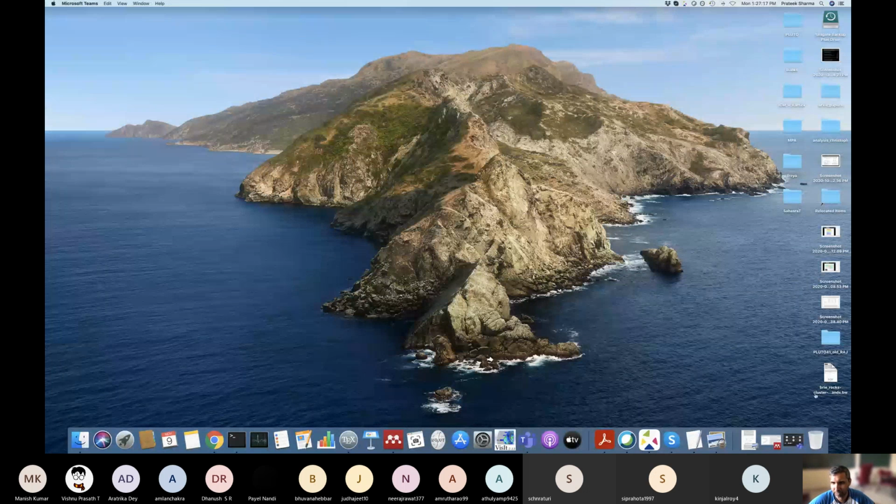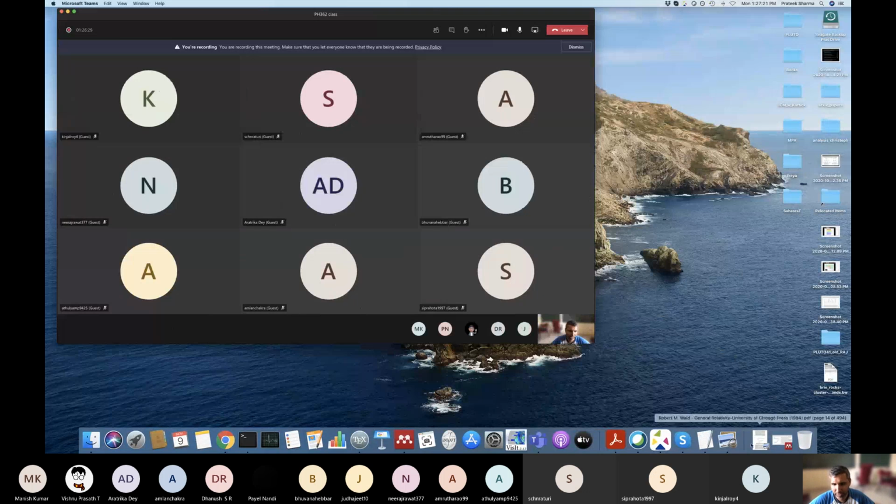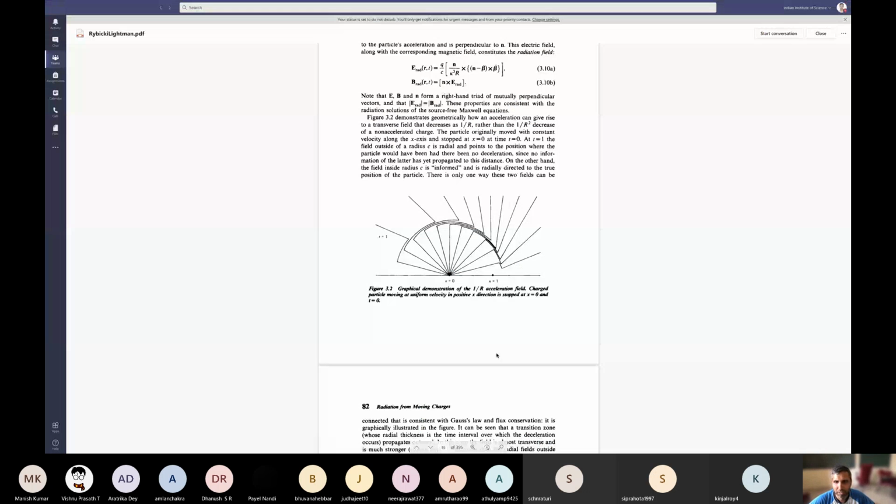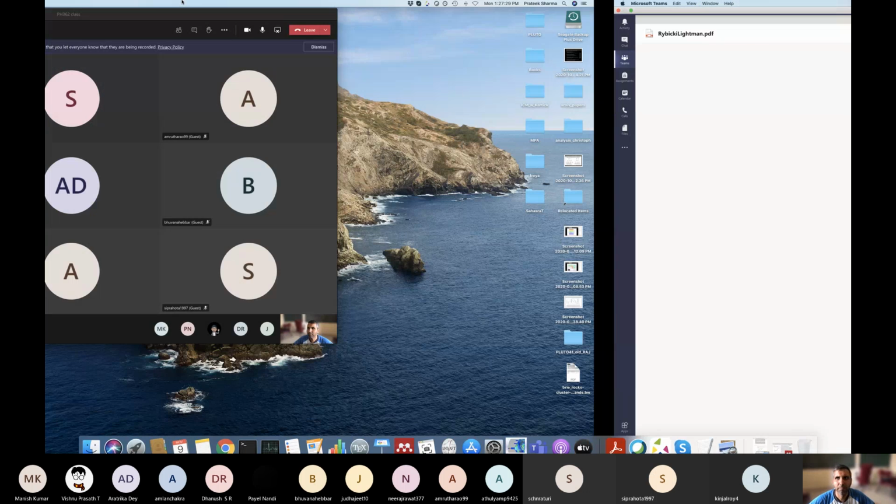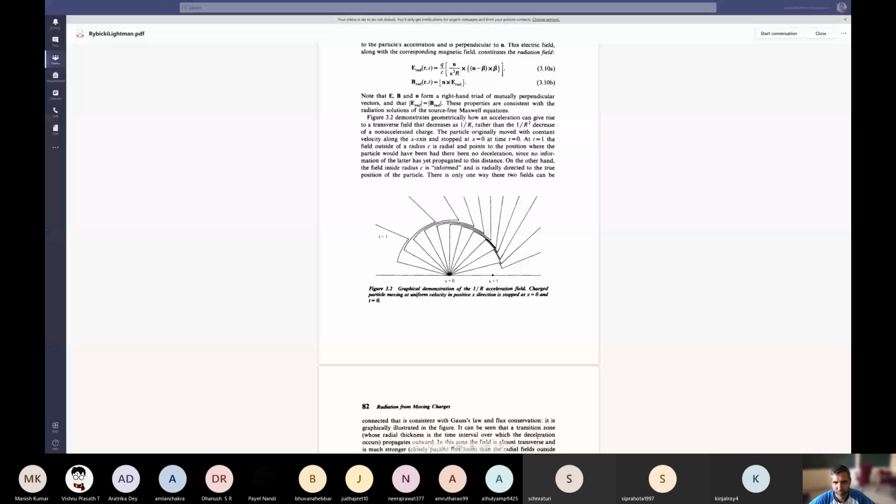Just a sec. How do I show that? So E here goes like 1 over R instead of 1 over R squared.